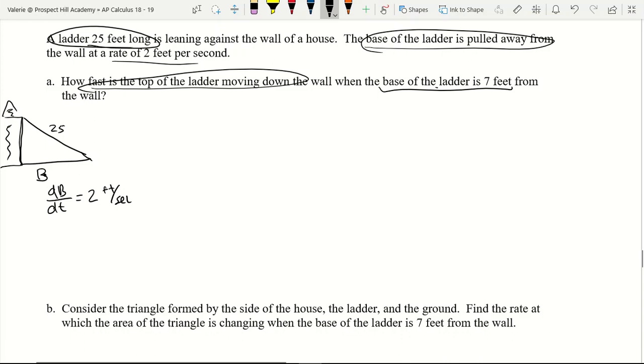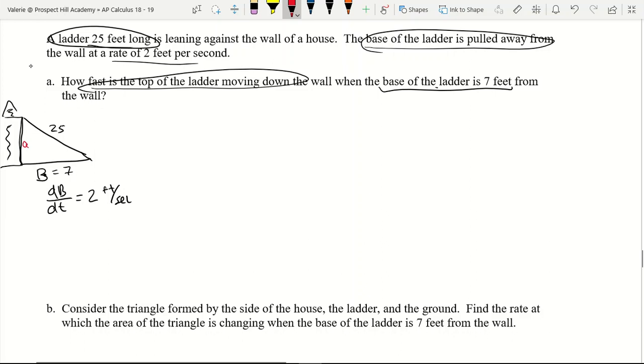And we want to know how fast the top of the ladder is moving down when the base is 7. So we're looking at the instant when B is 7. Before we can do anything with this triangle, we need to figure out the missing side length. We have 7 and 25, and I'll call this side A.